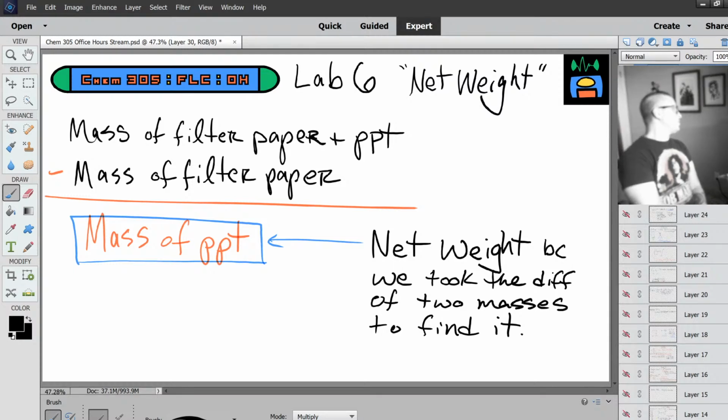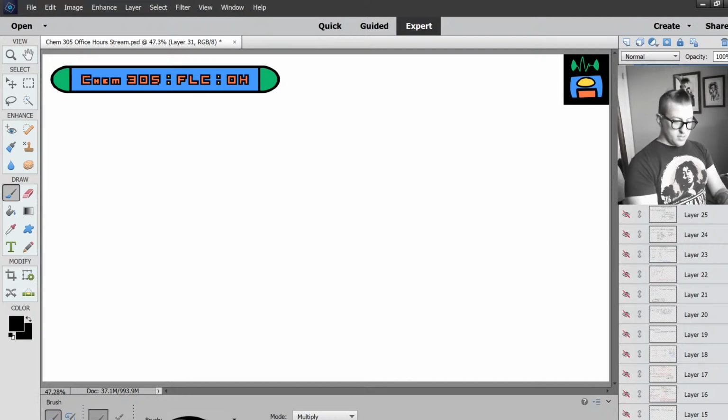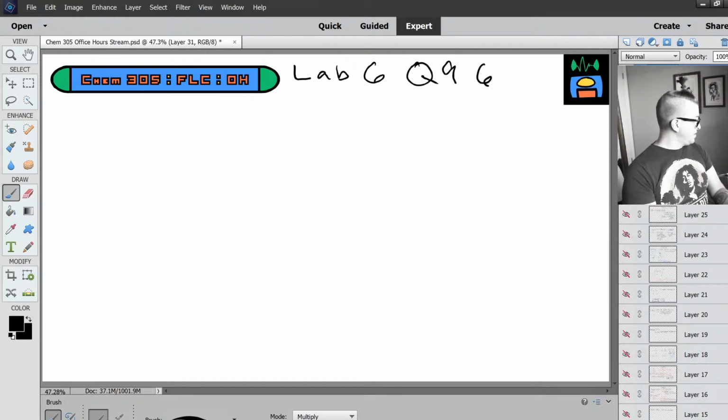Percent of original chloride used. Okay. Lab 6. Question 9 is on page 6.4.